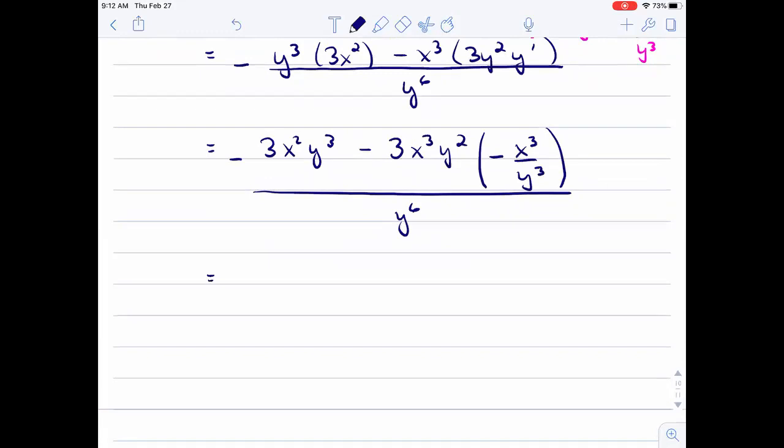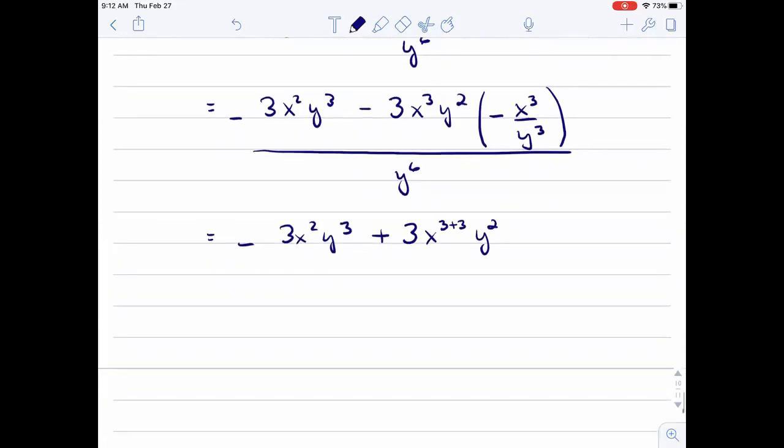So I've got negative 3x squared y to the 3 plus 3x to the 3 plus 3 times y to the power of 2, I guess minus 3 technically, but it might be easier to see if it's all over y to the 3.